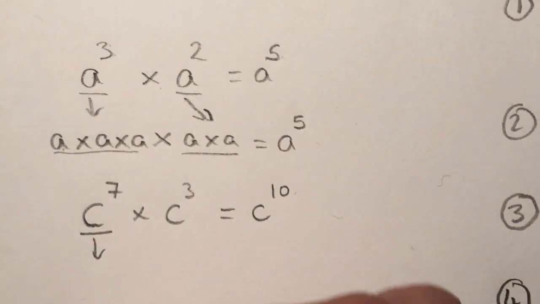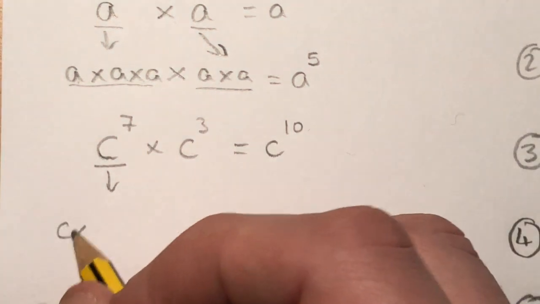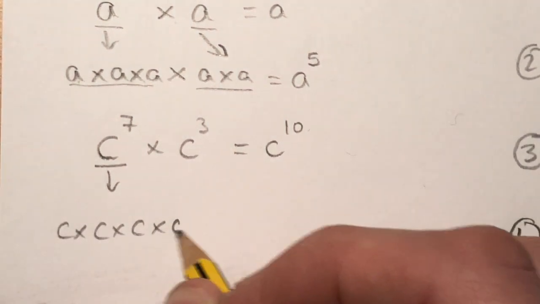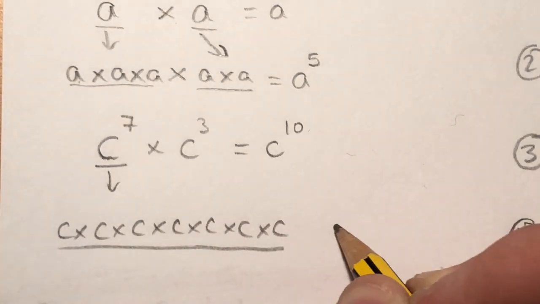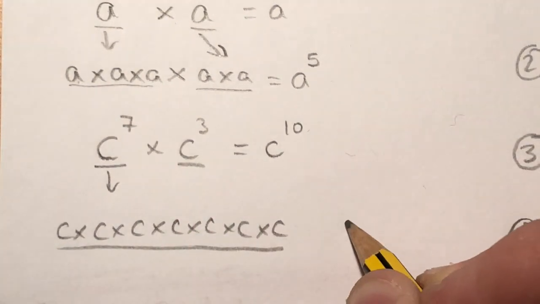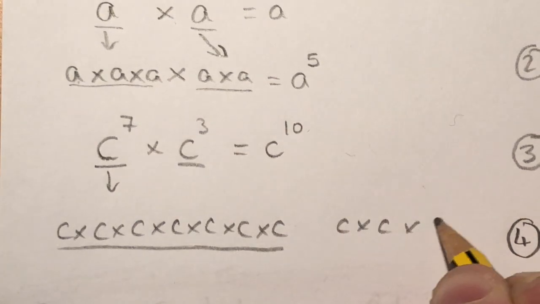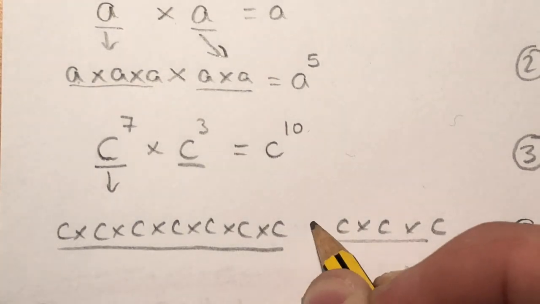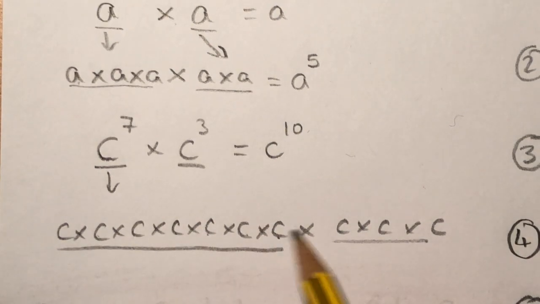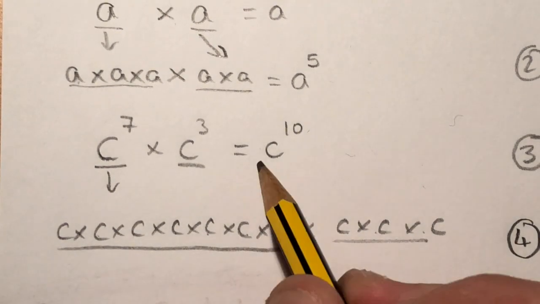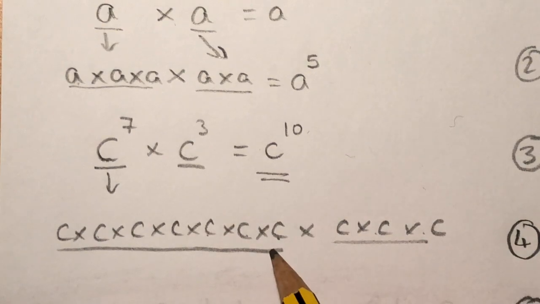So c to the power of 7, that is just 7 c's all timesing each other. 4, 5, 6, 7. And c cubed is just c times c times c. So we've now got 1, 2, 3, 4, 5, 6, 7, 8, 9, 10. C to the power of 10.